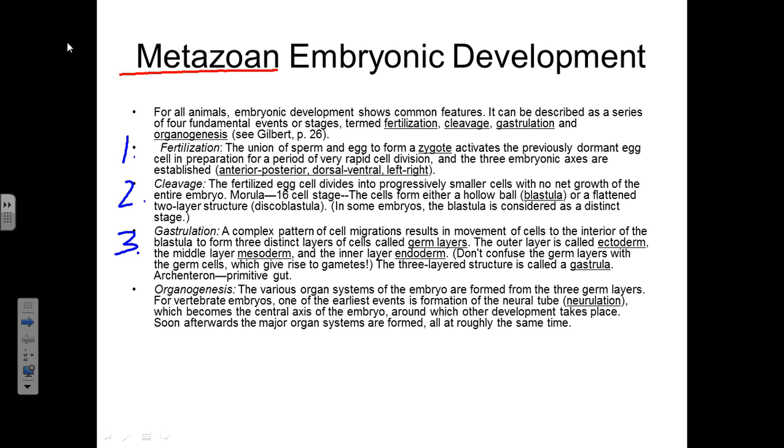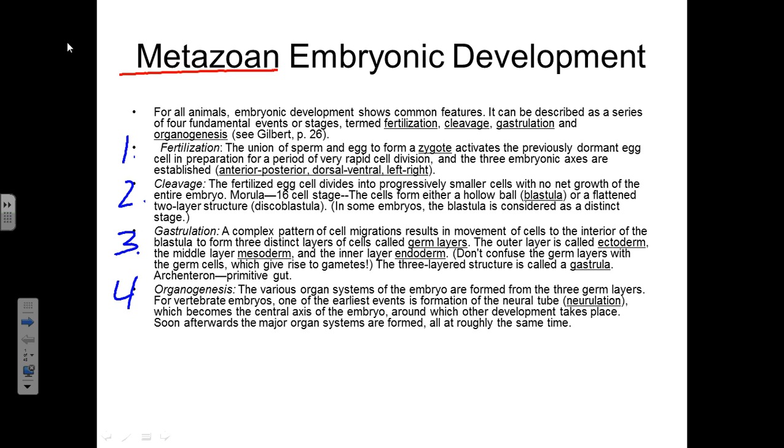And then the last stage of embryonic development that we're going to mention, step 4, is organogenesis. And that term literally means what? Organogenesis. What's genesis mean? Creation. So creation of organs. Remember that each one of these germ layers is in charge of making specific organs and organ systems.